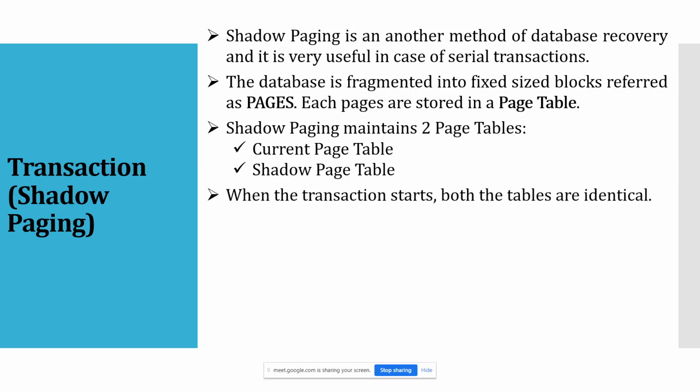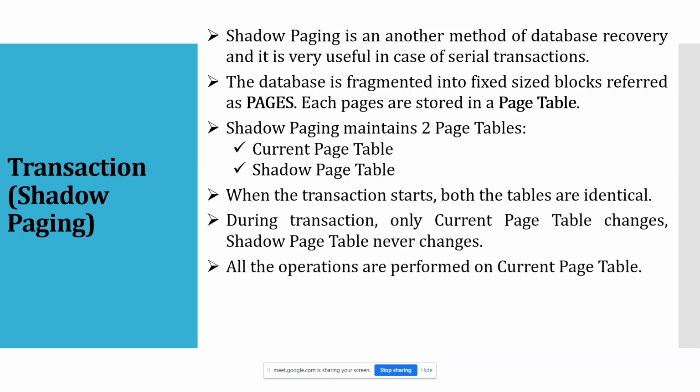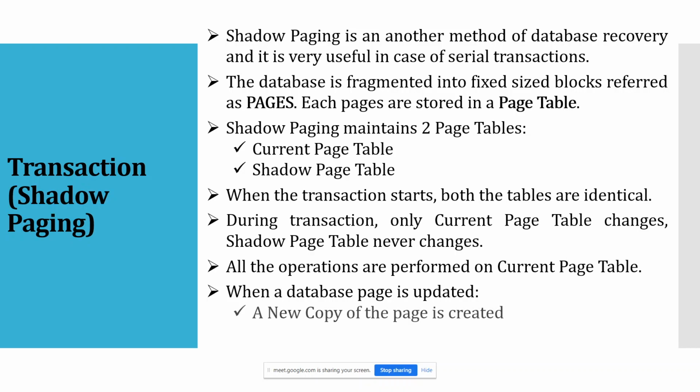Both tables are identical, but once the transaction makes changes, the current page table will point to the changes, and the shadow page table keeps pointers to the same old pages. So the current page table changes as the transaction changes the data, but the shadow page table never changes, so it can be used for recovery.